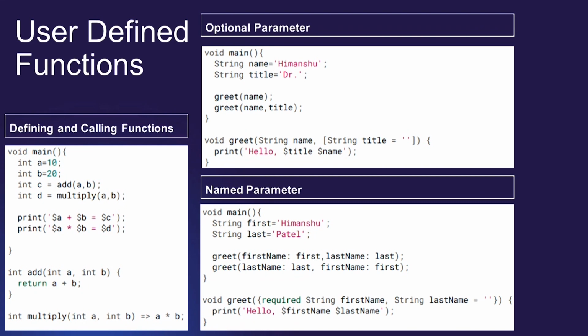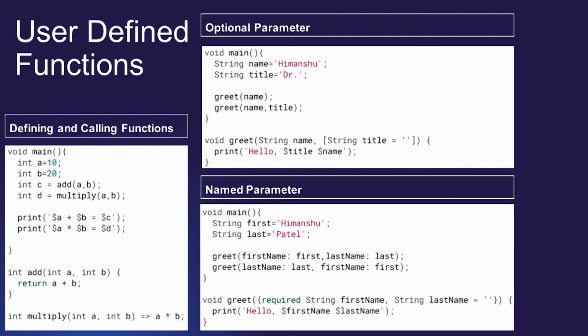Himanshu Patel is specified in the first greet call, so that will print hello Himanshu Patel. But in the second greet call, we explicitly say which value is for which parameter.